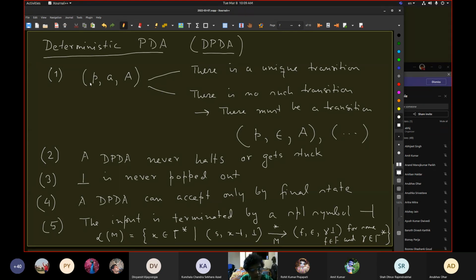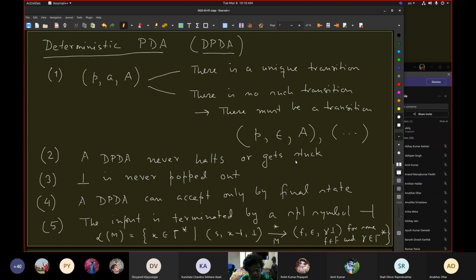First of all, for every input A in sigma and stack symbol capital A, and for every state P, there is a unique transition. And if there are no such transitions, then there must be a way out using an epsilon transition. And we will not allow a DPDA to ever halt or get stuck.